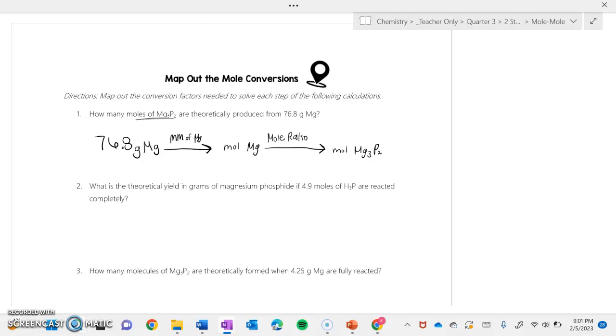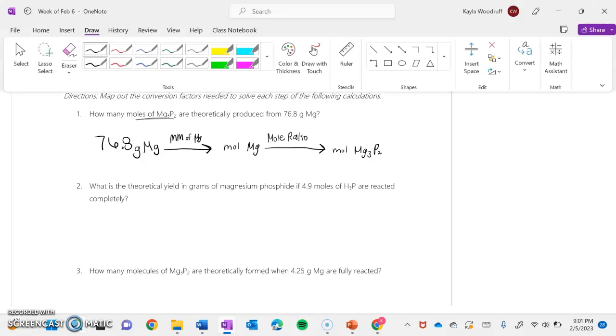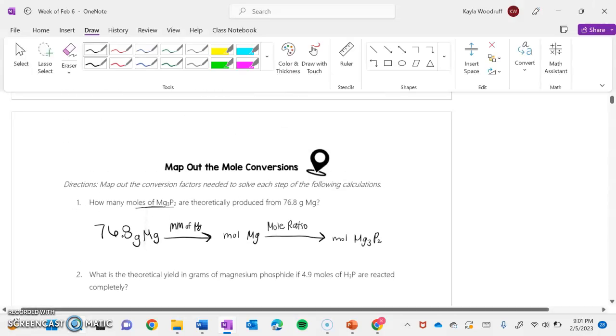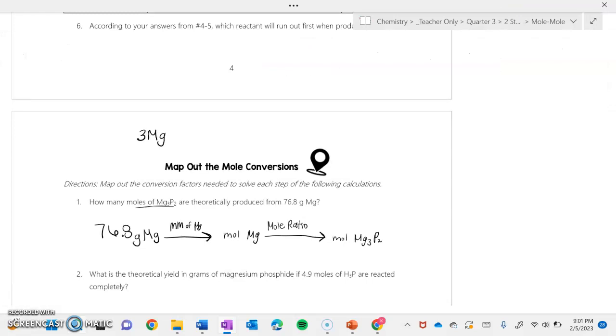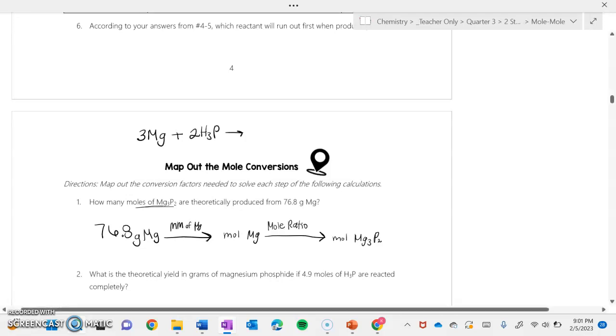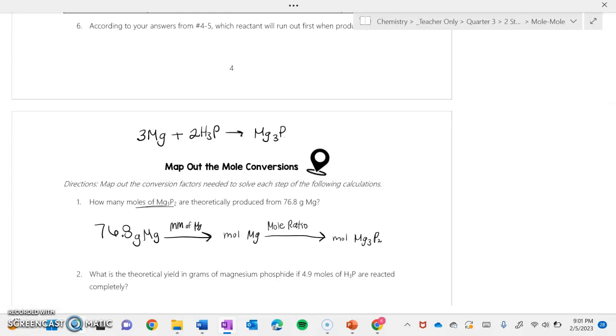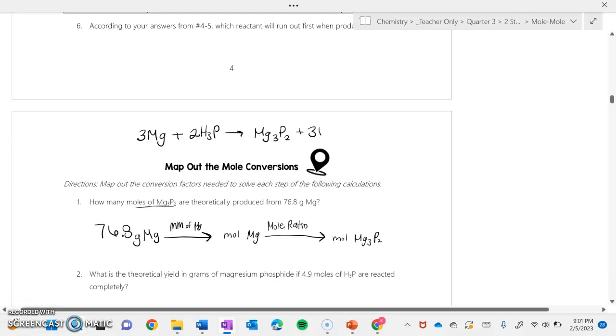So I'm going to write that for you. Here. Okay, the balanced equation is: 3 Mg + 2 PH3 → Mg3P2 + 3 H2.